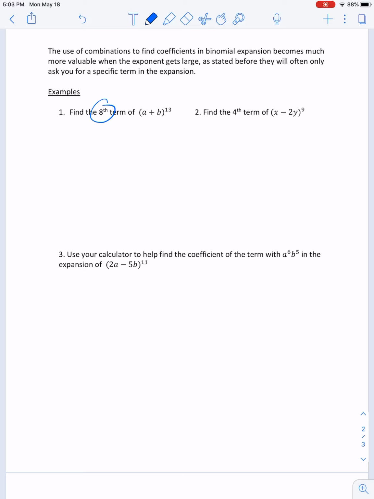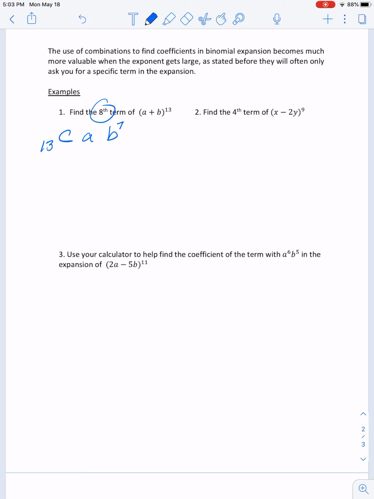So here's how I would do it. I would say, okay, you want me to find the 8th term? Then I'm going to do 13 choose, and we'll come back and figure out what number we want to put in there. In the A and B exponents, we know that if it's the 8th term, this is going to be a 7th power.